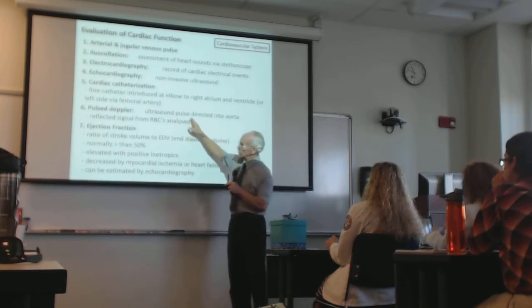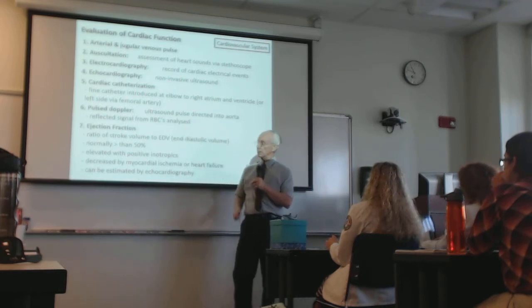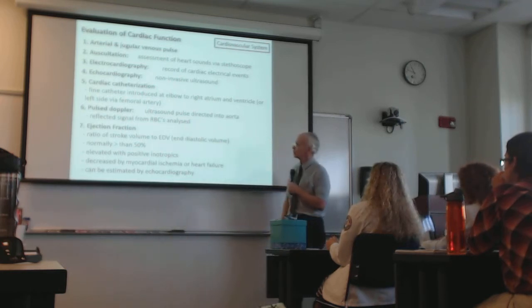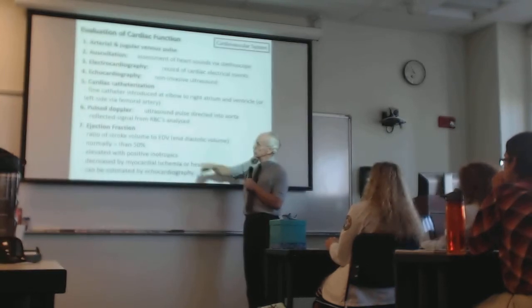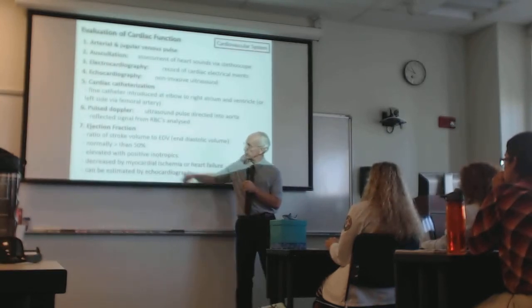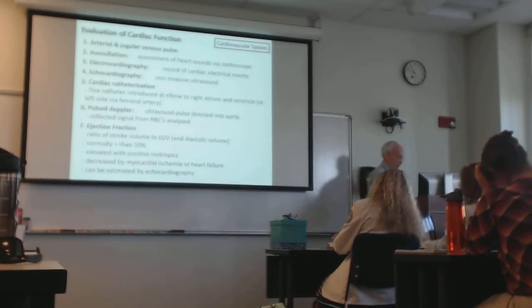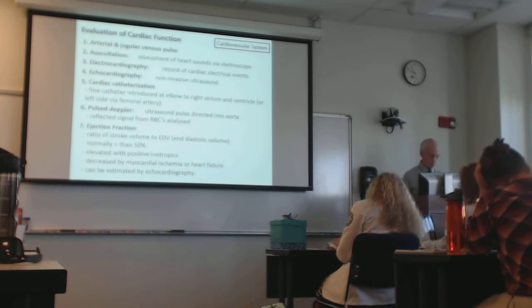But that can be used to get some fairly close measure of blood glucose concentration, but also oxygen carrying concentration and so on. We've already talked about the ejection fraction. Again, this is a percentage, should be greater than 50%. So all of these are useful measures of cardiac function.